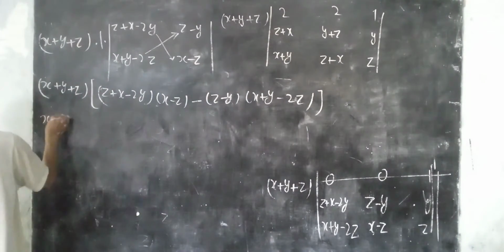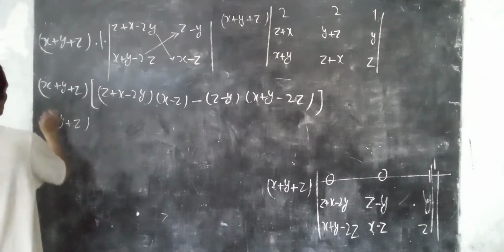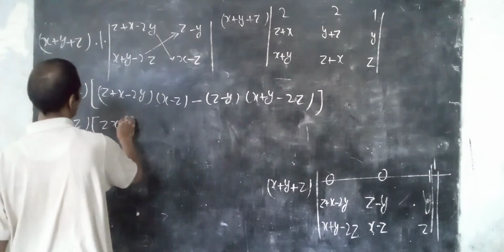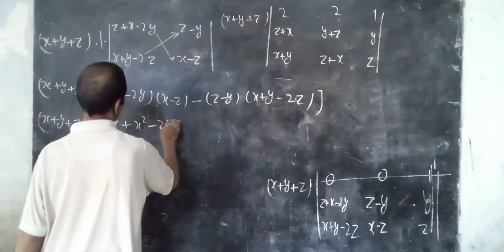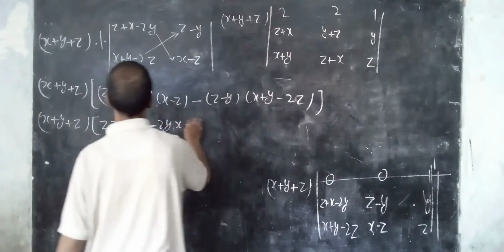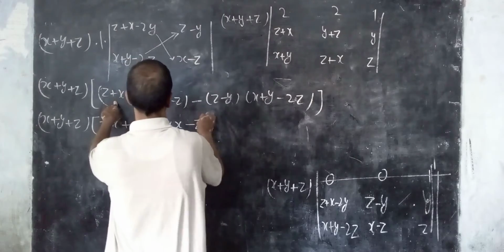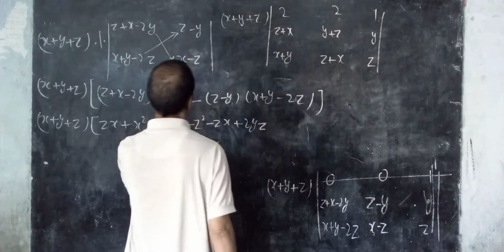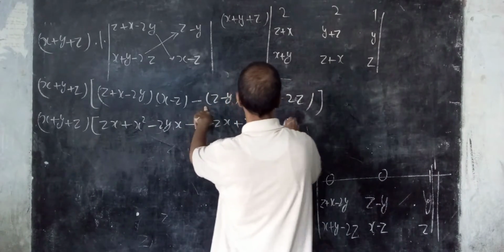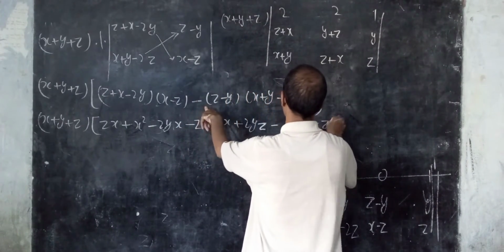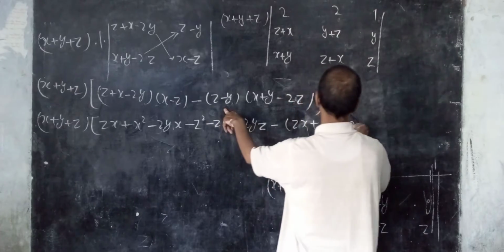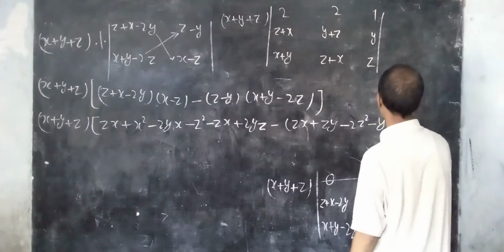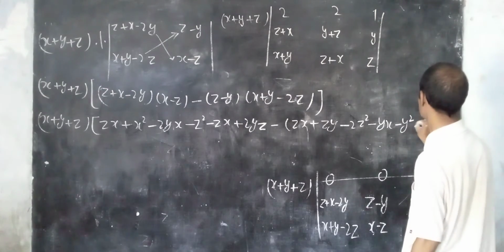Now multiply. So this is x plus y plus z. Multiply: zx plus x square minus 2xy. Then minus z square minus zx plus 2yz. Multiply this: zx plus zy minus 2z square minus yx minus y square plus 2yz.